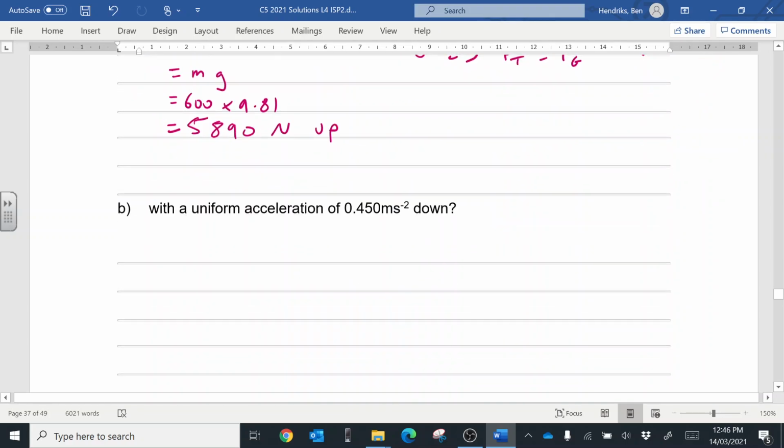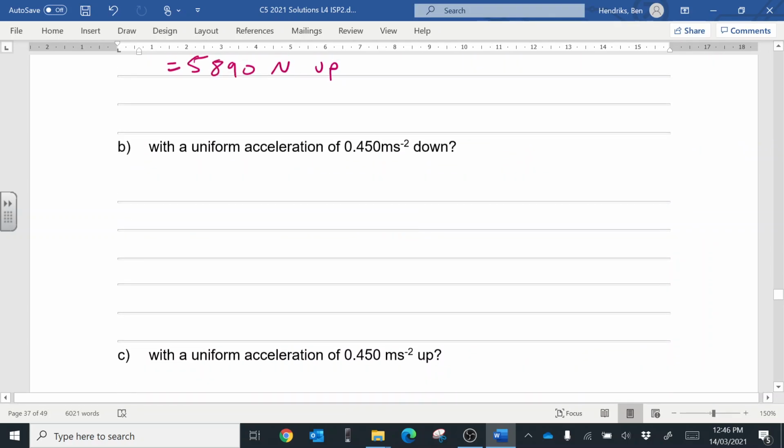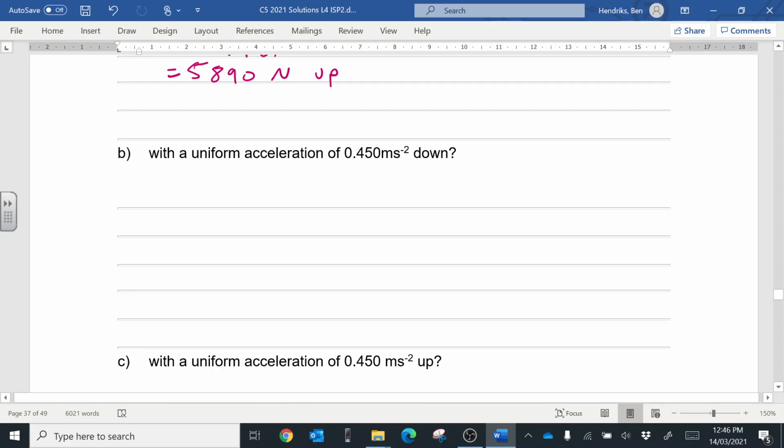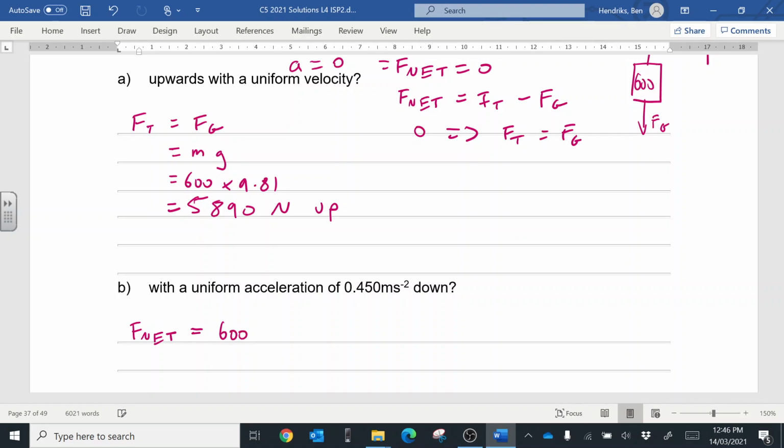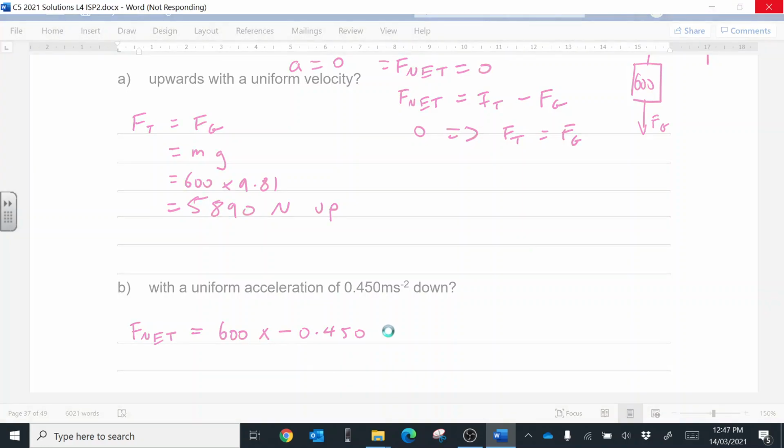Now, with a uniform acceleration of 0.45 meters per second squared downwards, okay, so this time F net equals 600 times negative 0.450 meters per second squared.